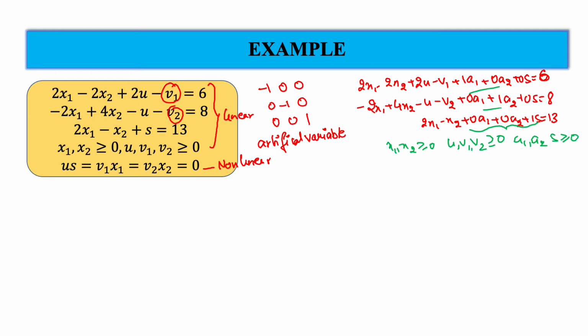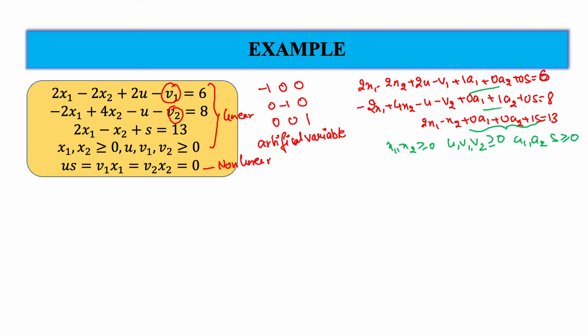Now we want these two variables to leave the basis, because leaving means both become 0, and if both become 0, then only we get back to our original problem. So our problem is without a1 and a2. We will obtain it without a1 and a2 only when a1 and a2 are both 0.